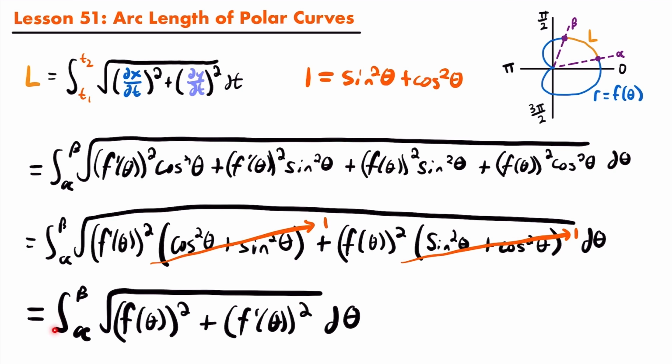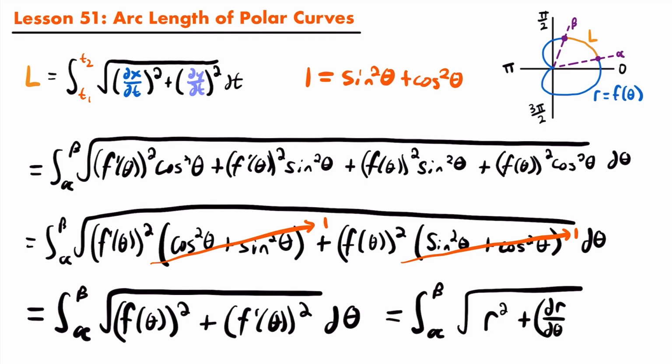So another way that we could write this is to say that this is equal to the integral from alpha to beta of the square root of r squared plus dr d theta squared times d theta, right? F of theta is the same as r, so we can write r squared, and so that means that the derivative of f of theta, or the derivative of r, would be dr d theta, the derivative of r with respect to theta.